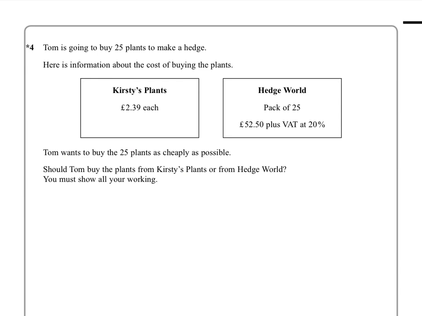So in this question we've got to work out which place is cheaper to buy the 25 plants. So let's start with the first scenario. We would have 25 lots of £2.39. I think the way I would approach this is I would just multiply 239 by 25.